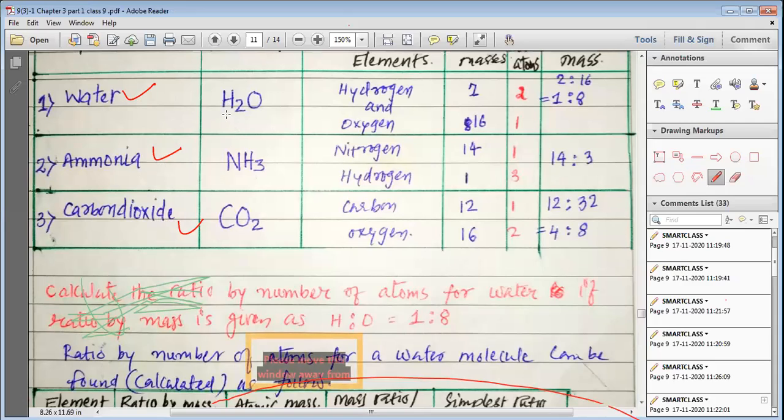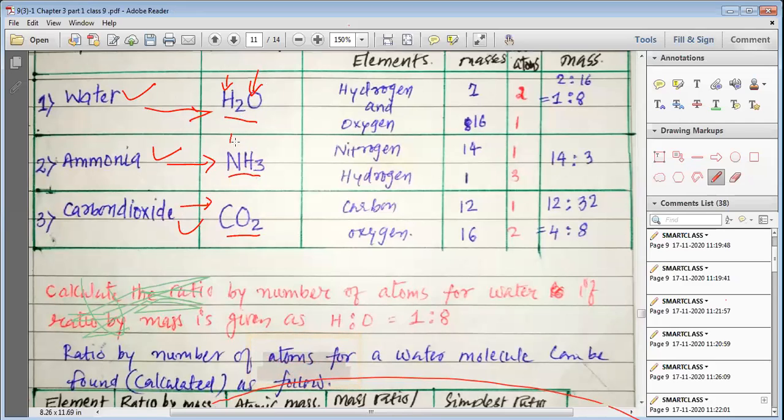If we write their formula, the formula for water is H2O, the formula for ammonia is NH3, and the formula of carbon dioxide is CO2, that you have already studied in your previous standards. Now you can see that these compounds are made up of some elements. Water is made up of this element and this element.